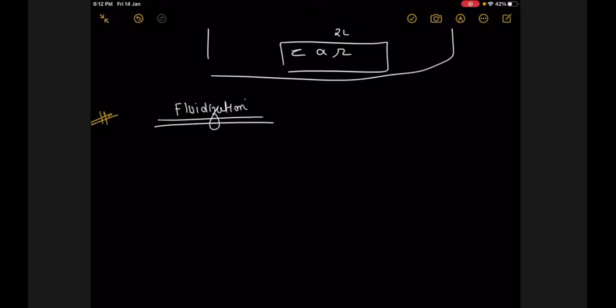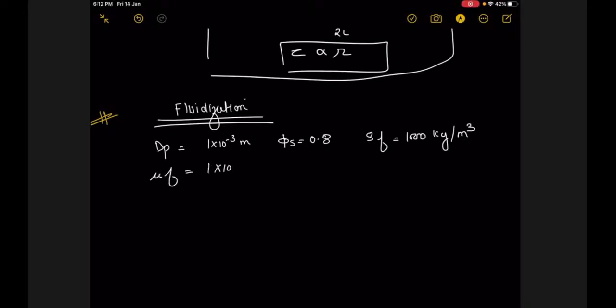So if dP is given 1 into 10 to the power minus 3 meter, phi s is given 0.8, density of fluid is 1000 kg per meter cube, mu f equals 1 into 10 to the power minus 3 kg per meter second.